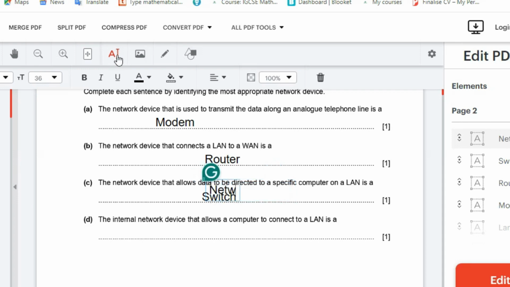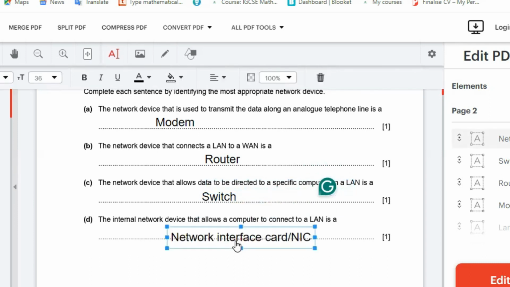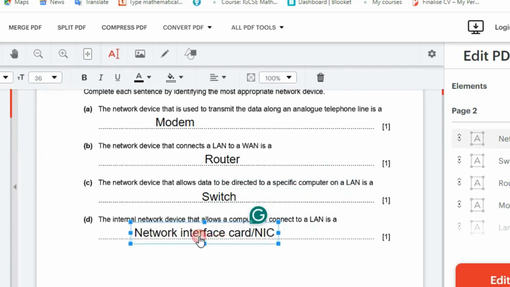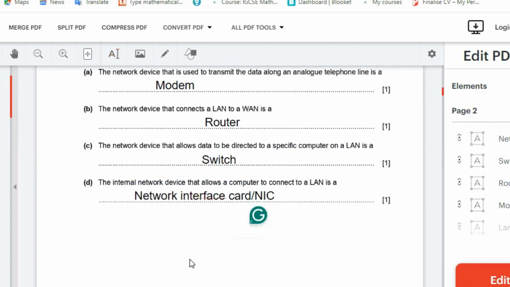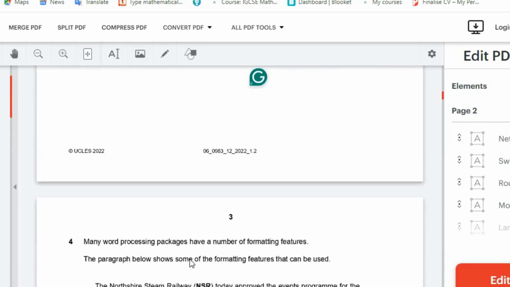Network interface card, or we call it NIC as an acronym. NIC, that is network interface card. That's the answer to 3D. Are we following? All right.